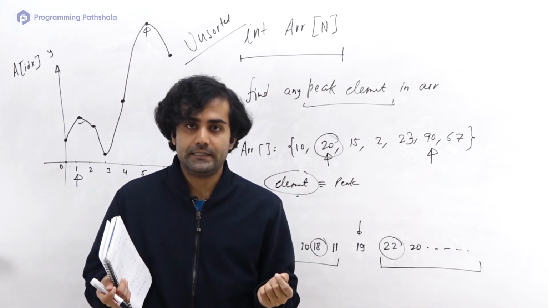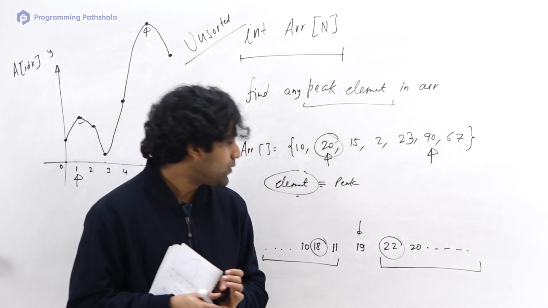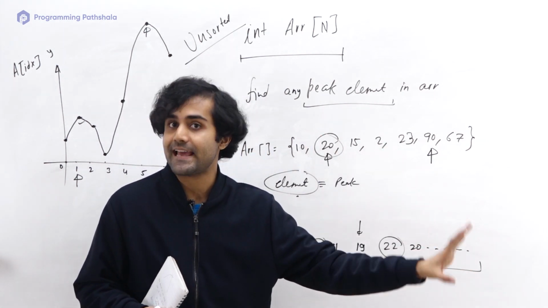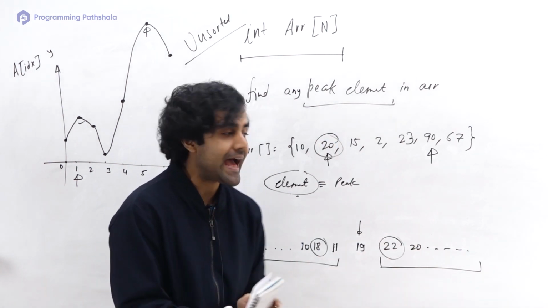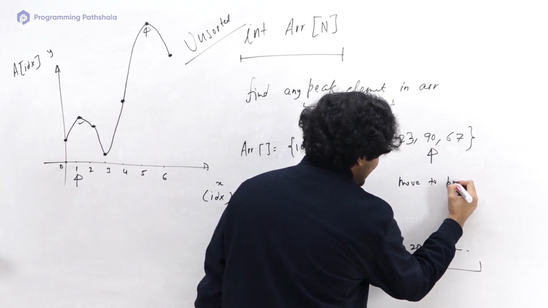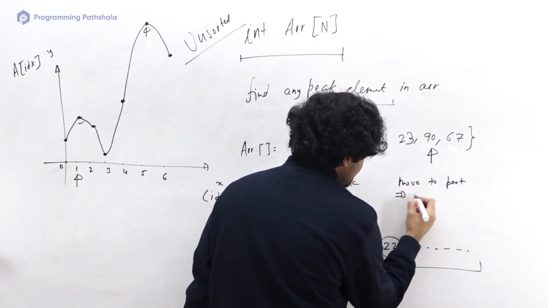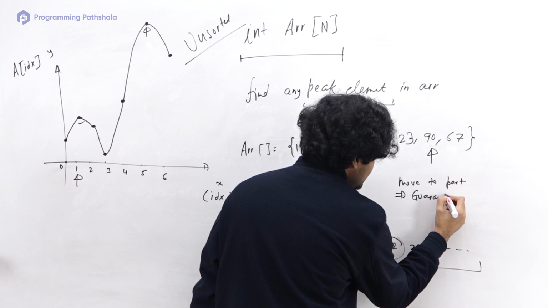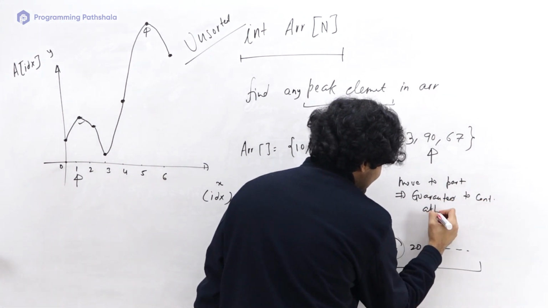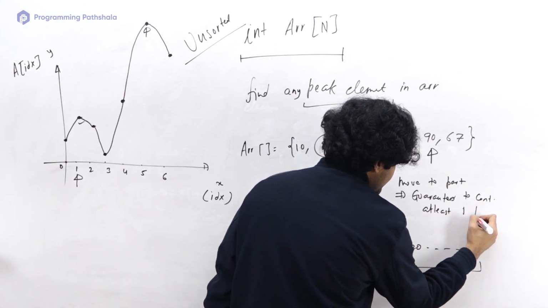What would you want? As a programmer, you would want to move in that part which is guaranteed to have an answer, which is guaranteed to have a peak. So you want to move to the part which is guaranteed to contain at least one peak.